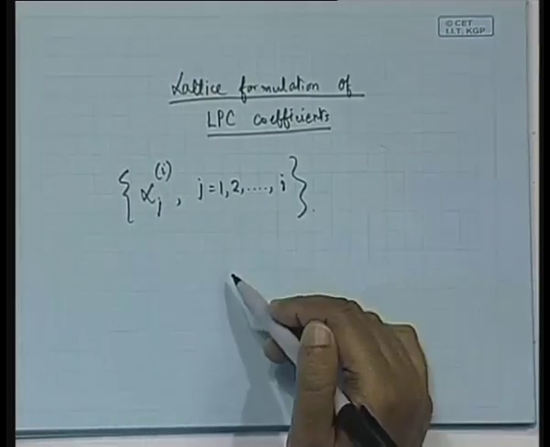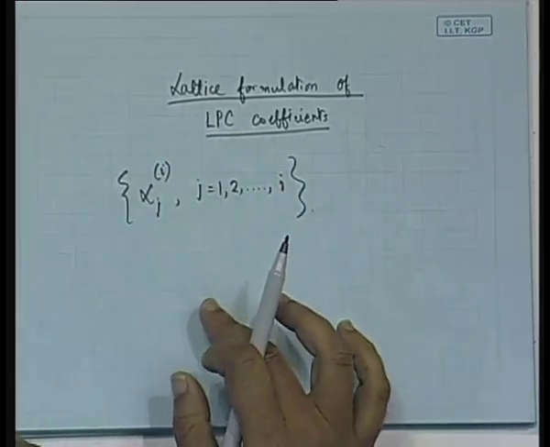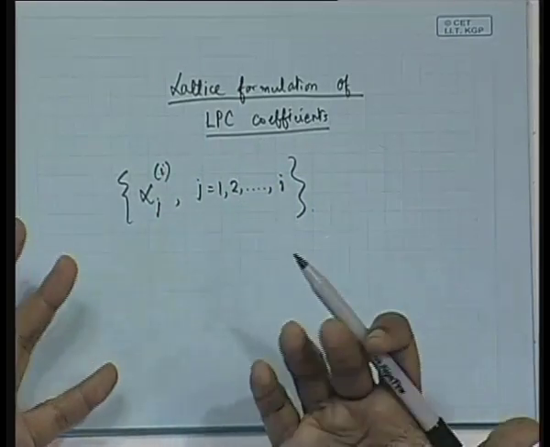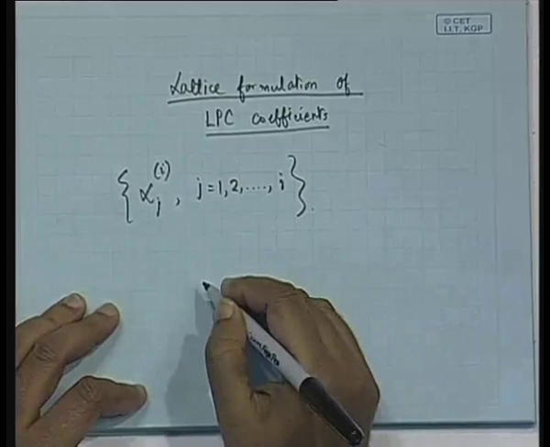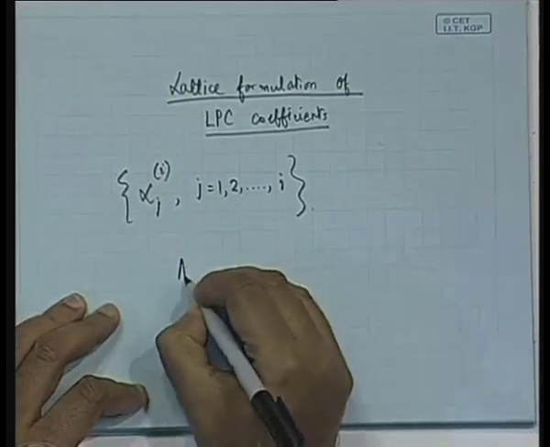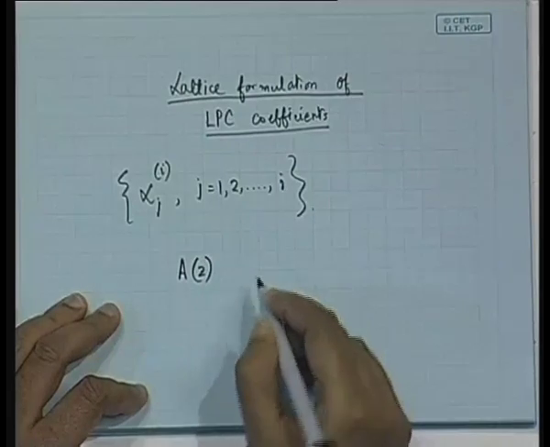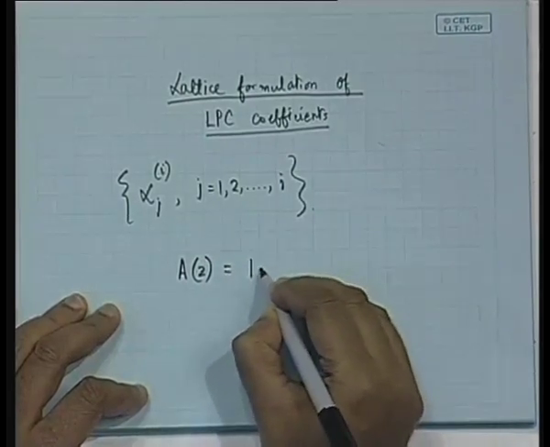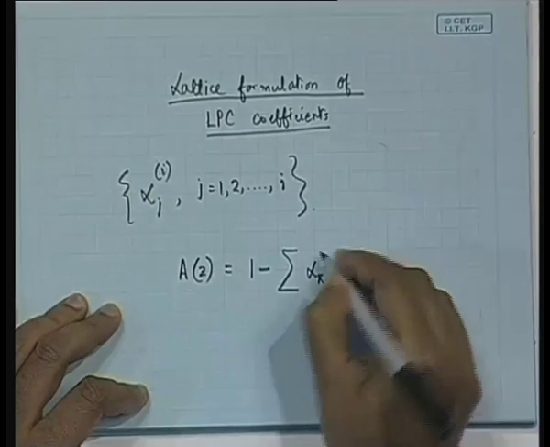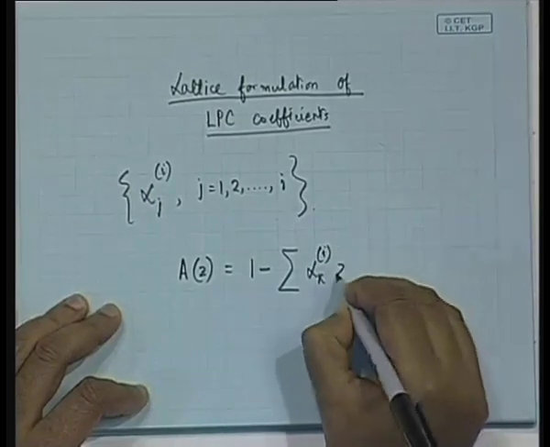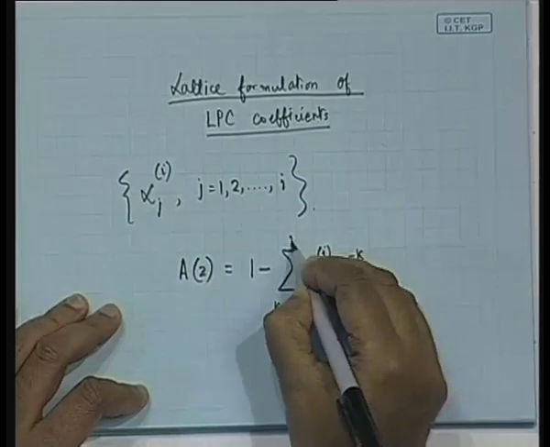We have already seen that, and using these ith order predictive coefficients, it is possible for us to design a filter. Let us give the filter expression like this: we are going to call that filter in the z domain A of z, and we write A of z as 1 minus the summation of alpha k superscript i into z to the power minus k, where this index k changes from 1 to i.